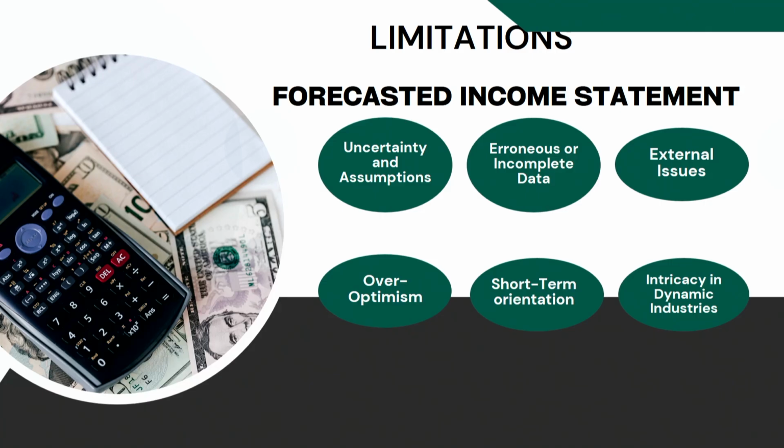Then there comes erroneous or incomplete data. The past information is utilized when we talk about the projection of the income statement. If the past information is faulty and incomplete, obviously we are in an unfavorable position so far as the projection of different financial variables to be disclosed in the income statement.